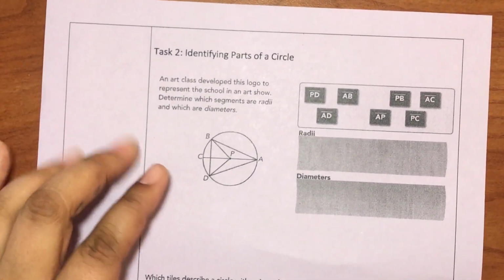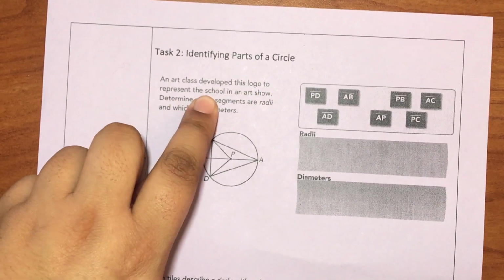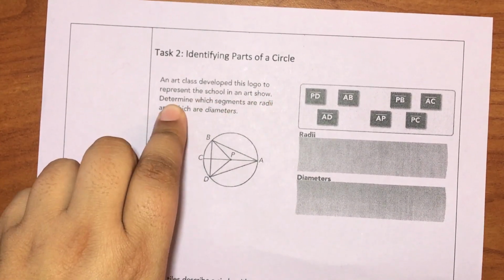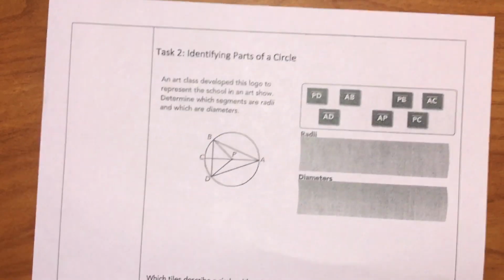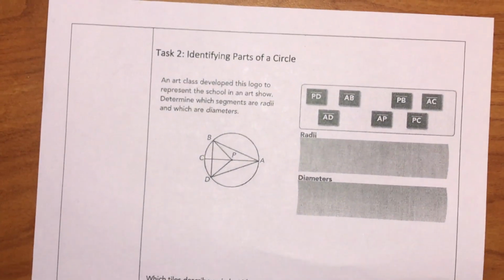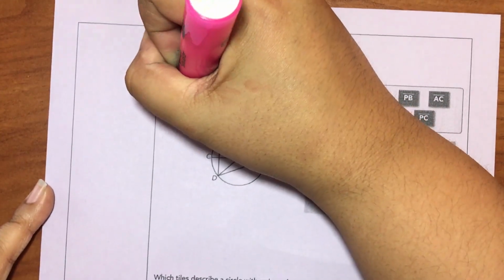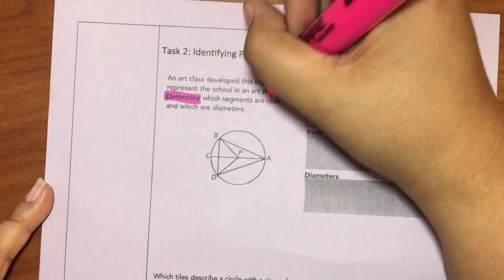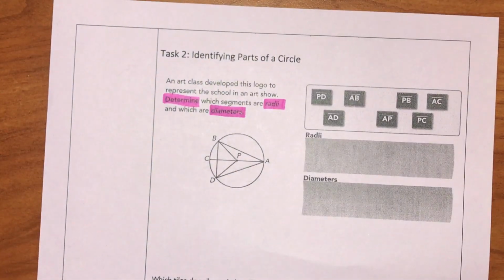The back side, most of it is you. An art class developed this logo to represent the school in an art show. Determine which segments are radii and which are diameters. So what are some important things to know there? Well, first off, we're determining which are radii and which are diameters.